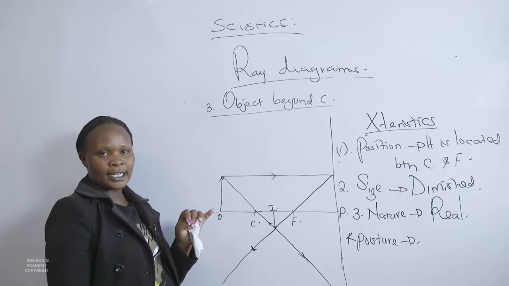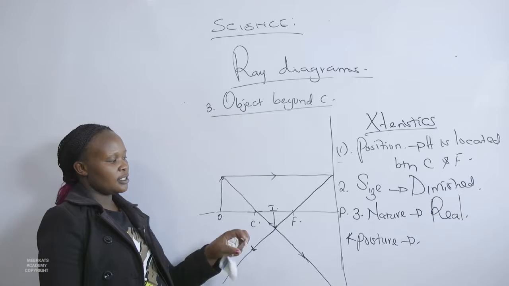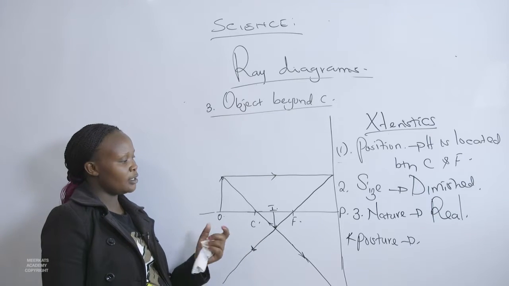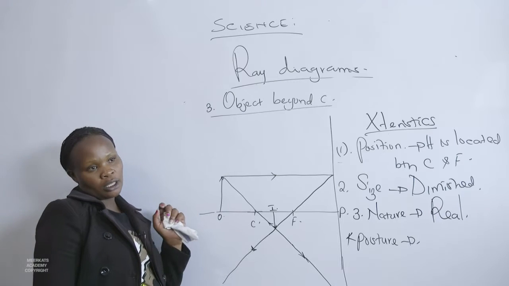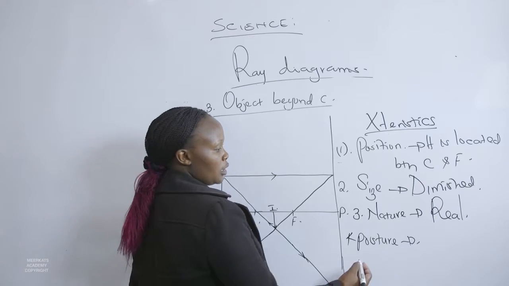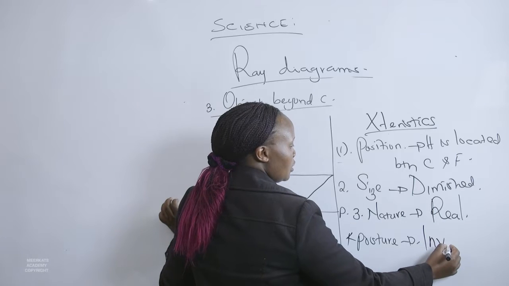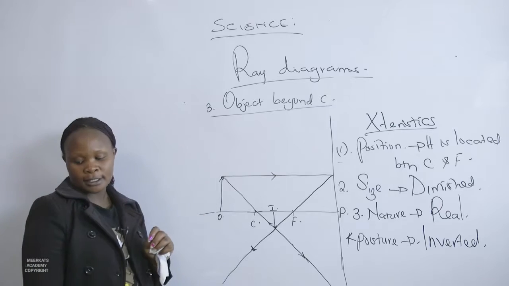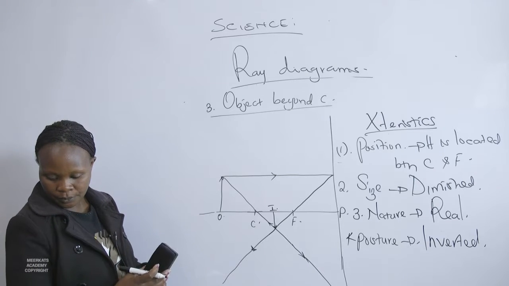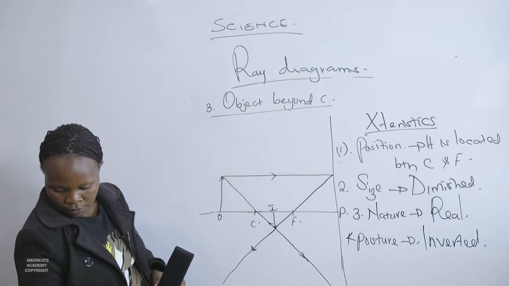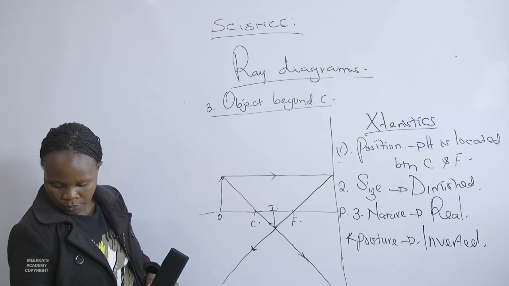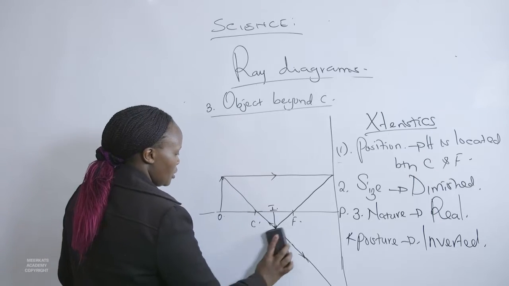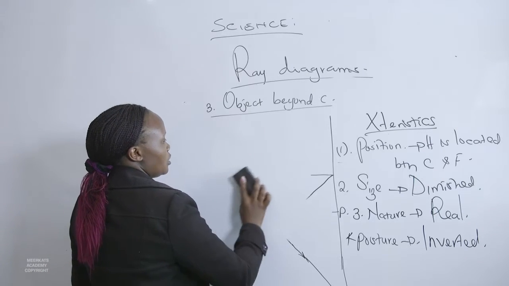And clearly we can see that the image is actually inverted relative to the object. It's actually inverted. The image is inverted.